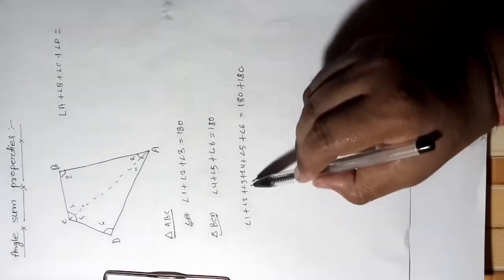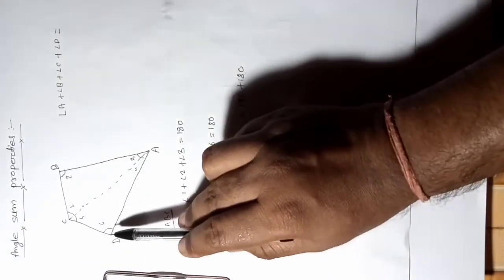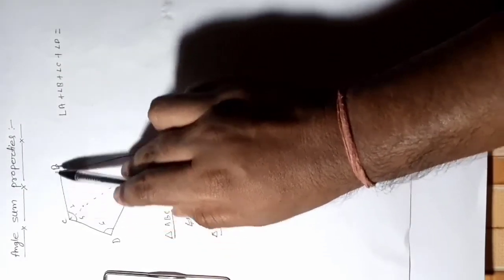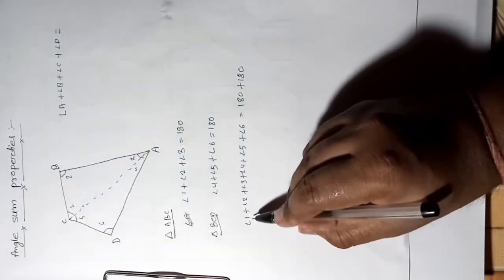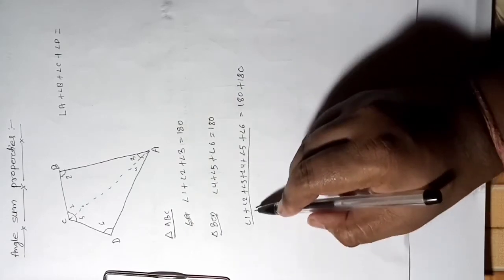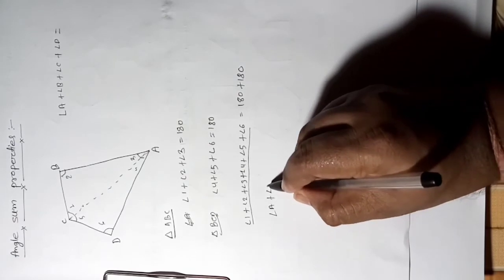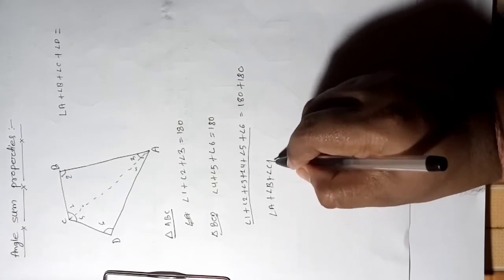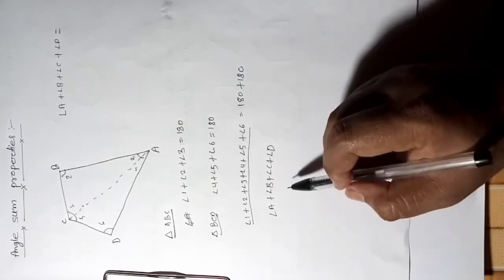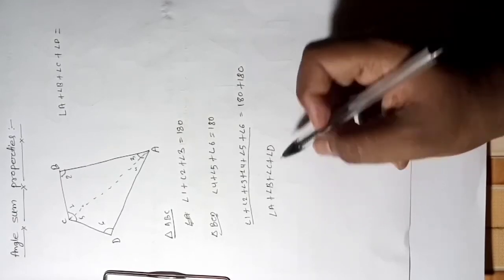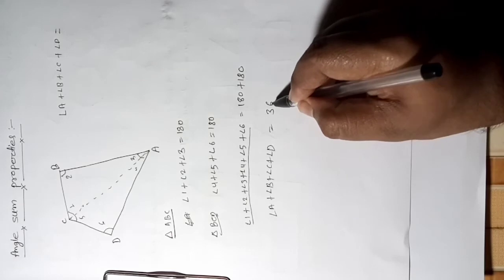So the sum of 6 angles, means the sum of 1 2 3 4 5 and 6, this is the sum of ABCD. So in this I just replace 1 to 6 in terms of angle A plus angle B plus angle C plus angle D. So this is the sum of angles ABCD. So all the vertex angles sum is equal to 360.